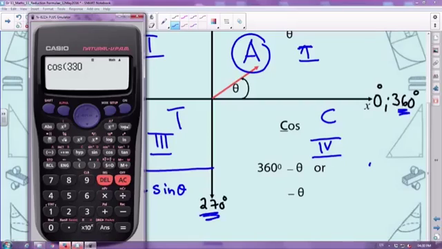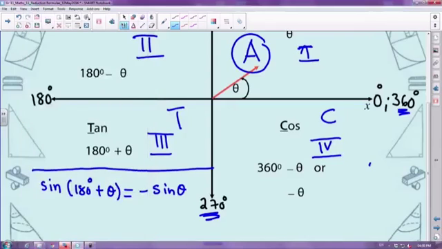And according to our CAST diagram, in the fourth quadrant, that's where cos is positive. And we're given cos there. So that's cos 330, which is your cos of 360 minus 30. So our answer should be positive. Cos of 330 is the square root of 3 all over 2. So you can check with your calculator if your answer is correct or not.